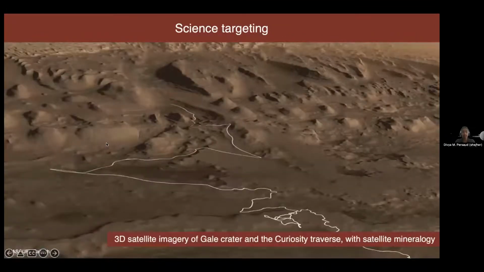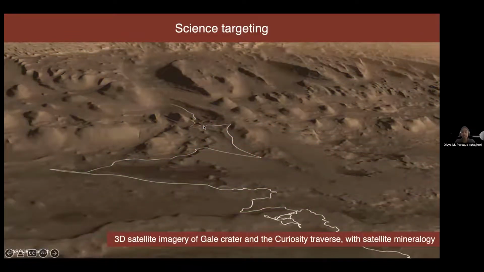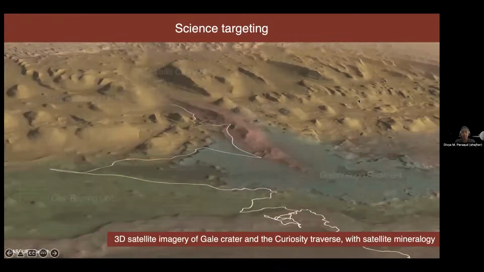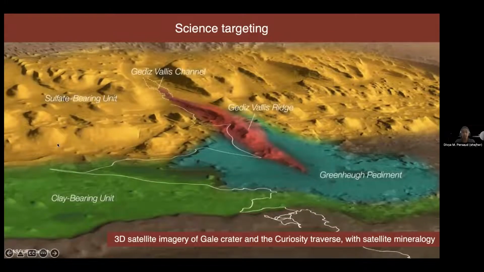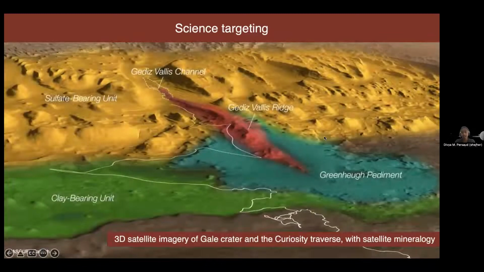We can use that 3D imagery as we plan the next part of the traverse and combine that with mineralogy from different cameras. I won't talk too much about that today. So here's a perspective view of some 3D imagery with the rover traverse overlying it, and then these units that have been defined from different multispectral cameras to reveal different types of minerals.